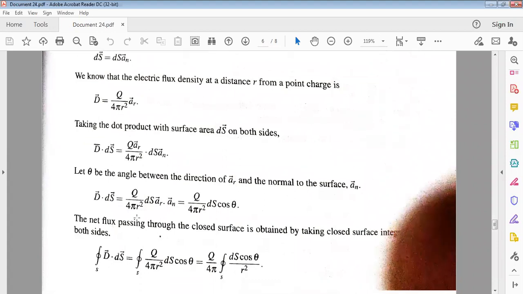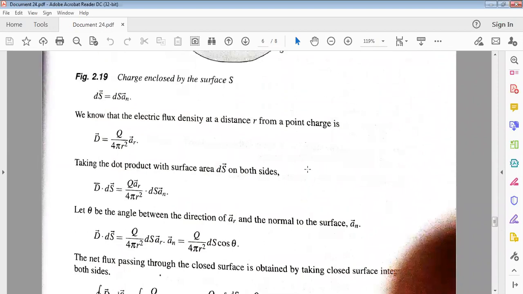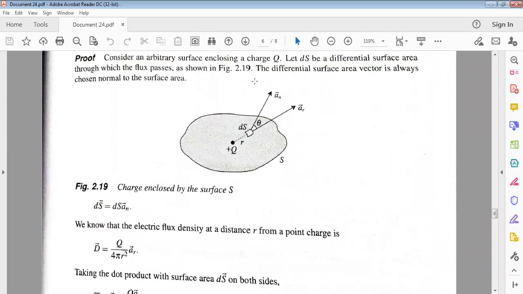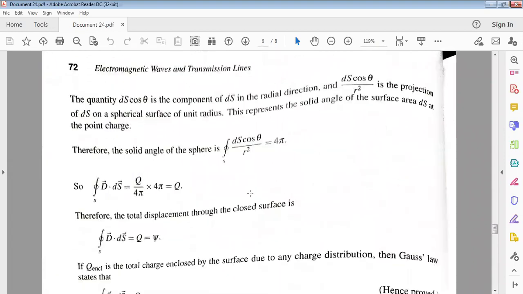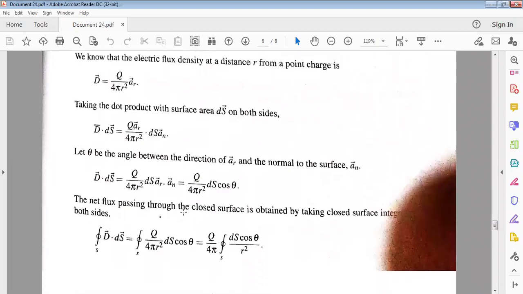So D dot dS equals Q by 4 pi r square dS into ar dot an. For the dot product we consider cos theta, and for the cross product we consider sin theta. So Q by 4 pi r square into dS into ar dot an is considered as cos theta.